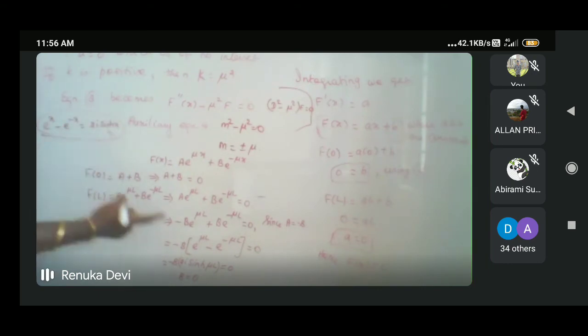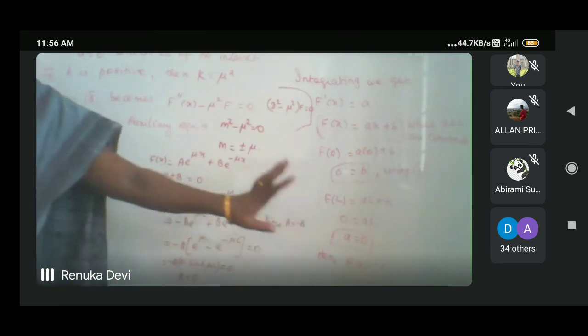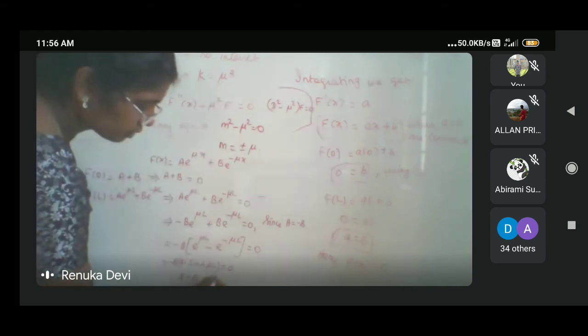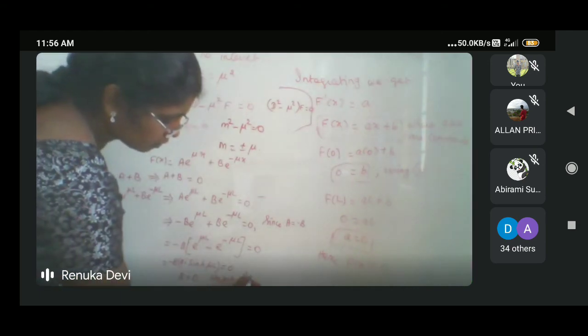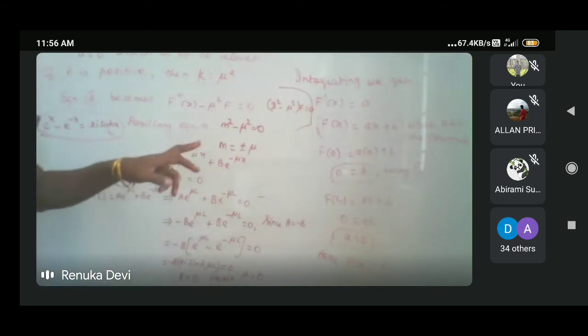So using this property, b equal to 0. Since b equal to 0, what is a? a is also 0. So both a and b are 0, therefore f is 0.